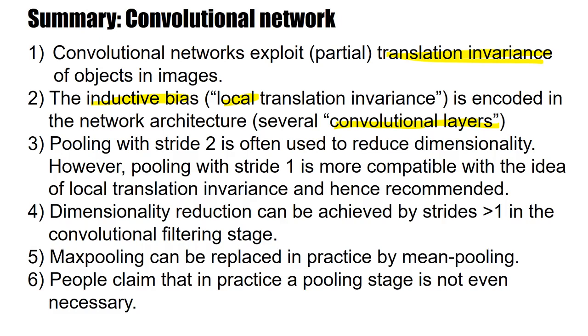Well, pooling with stride 2 is often used to reduce dimensionality. However, in the simple example I have given, we see that pooling with stride 1 is more compatible with the idea of local translation invariance. Now, how can we then do dimensionality reduction?